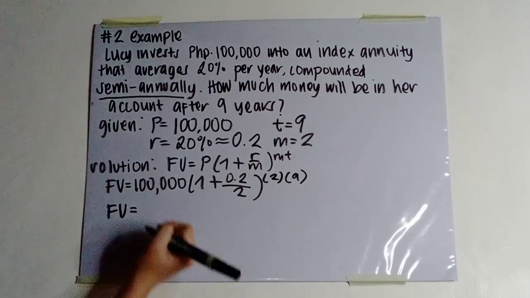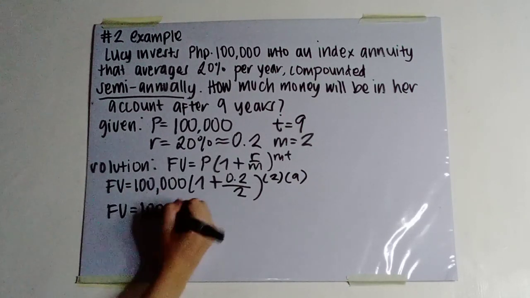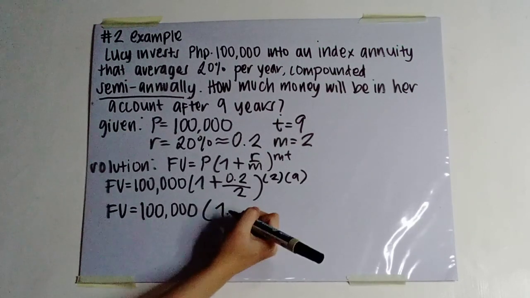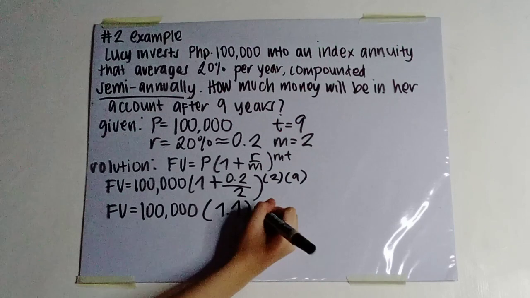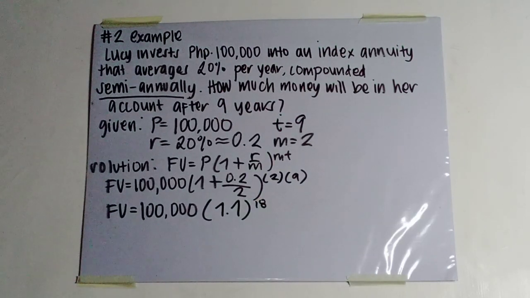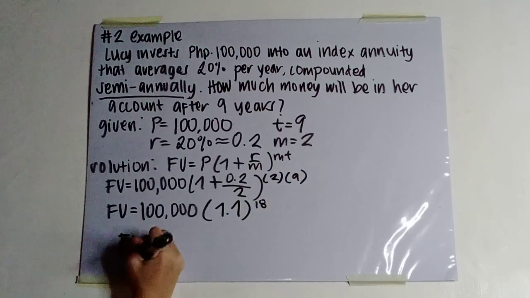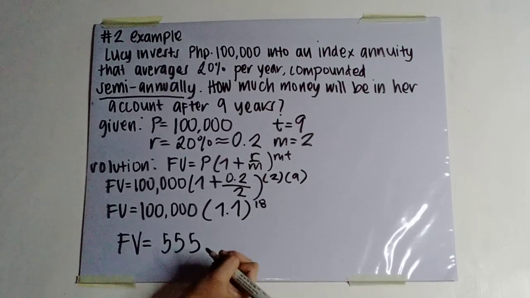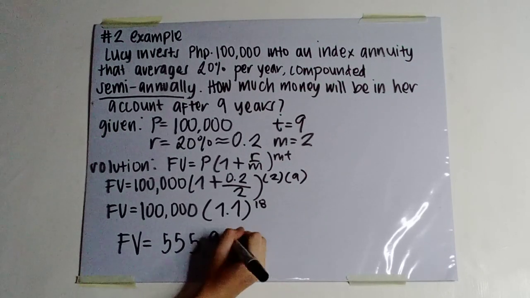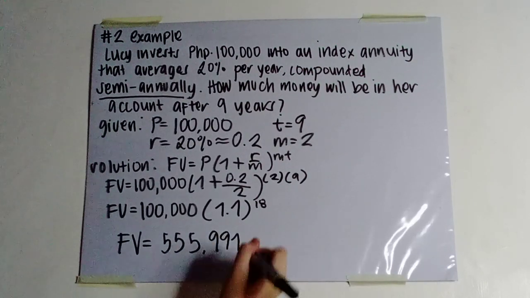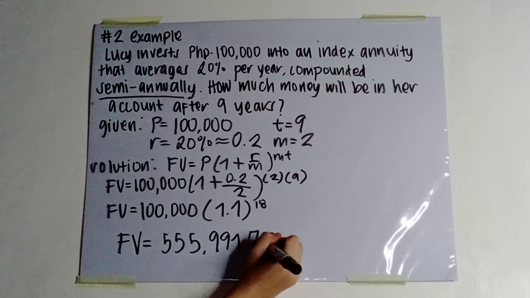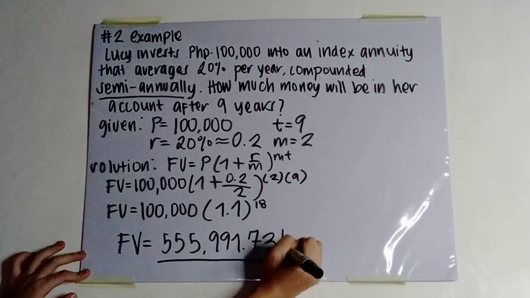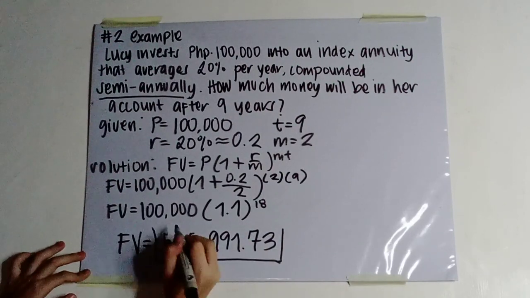And FV equals 100,000 times 1 plus 0.2 divided by 2 equals 1.1, and 2 times 9 equals 18. So the answer is FV equals 555,991.73.